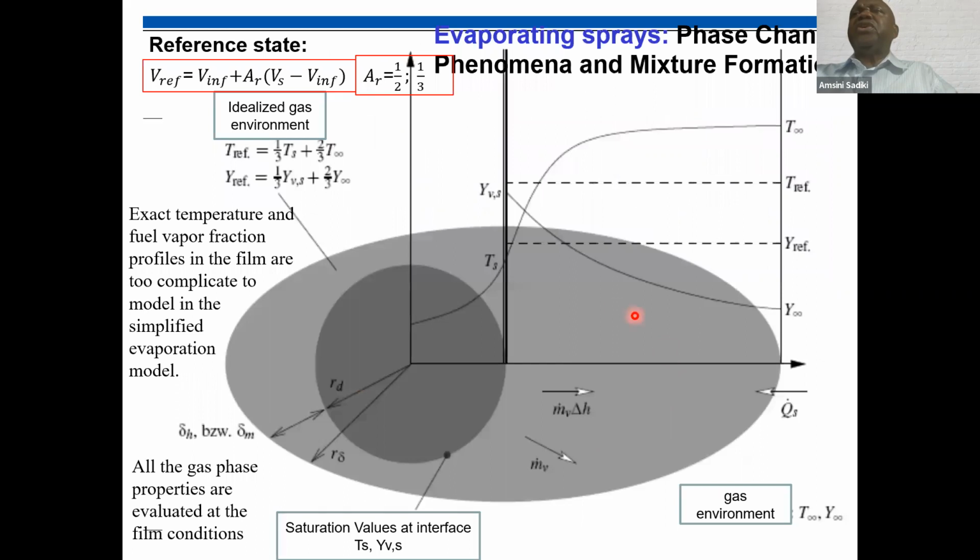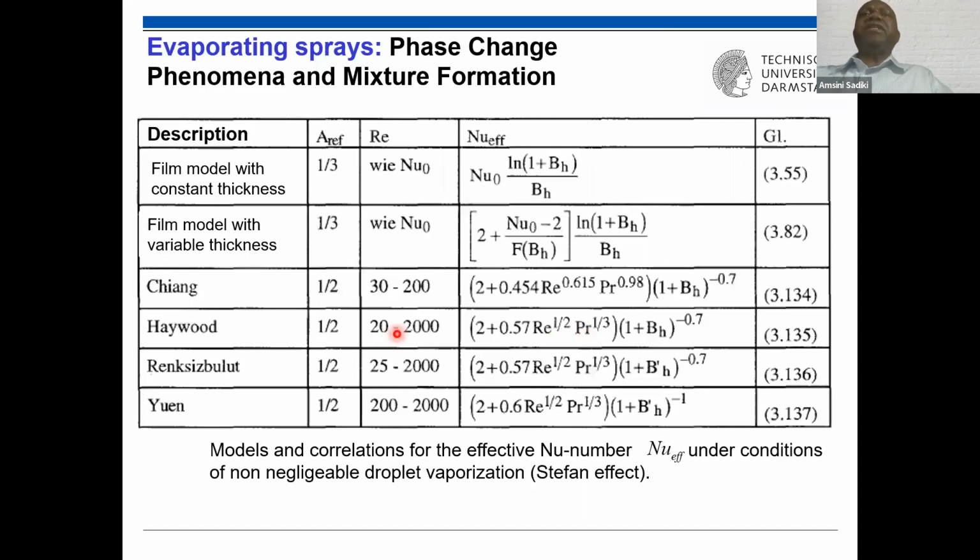If we say that this film has a constant thickness or a variable thickness, we have different rules, and these have been obtained experimentally by different people. Here we have some correlations for the effective Nusselt number, which we derived for the constant film thickness.